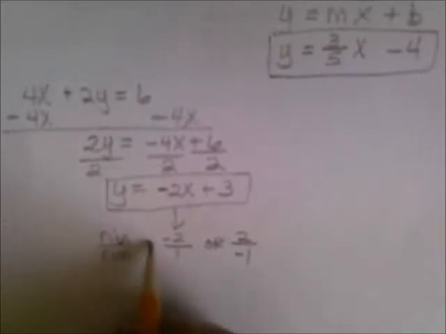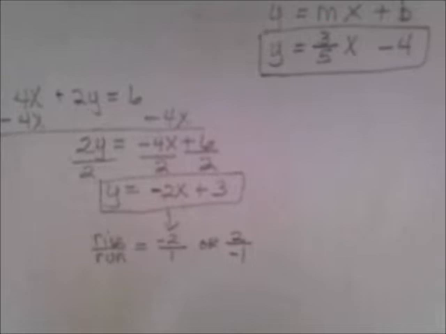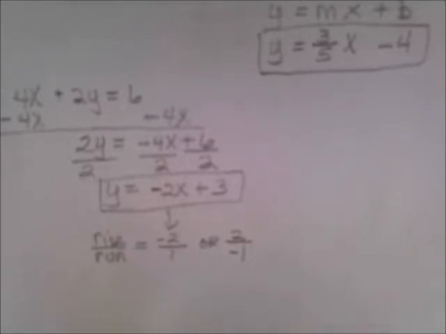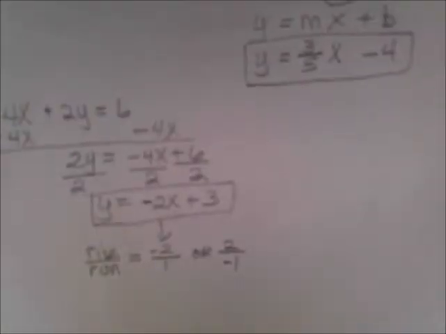So to turn that whole number slope into a fraction, we just put it over 1. And with a negative fraction, you can put that negative sign in the top or the bottom, but not both, because that would turn it into a positive fraction.